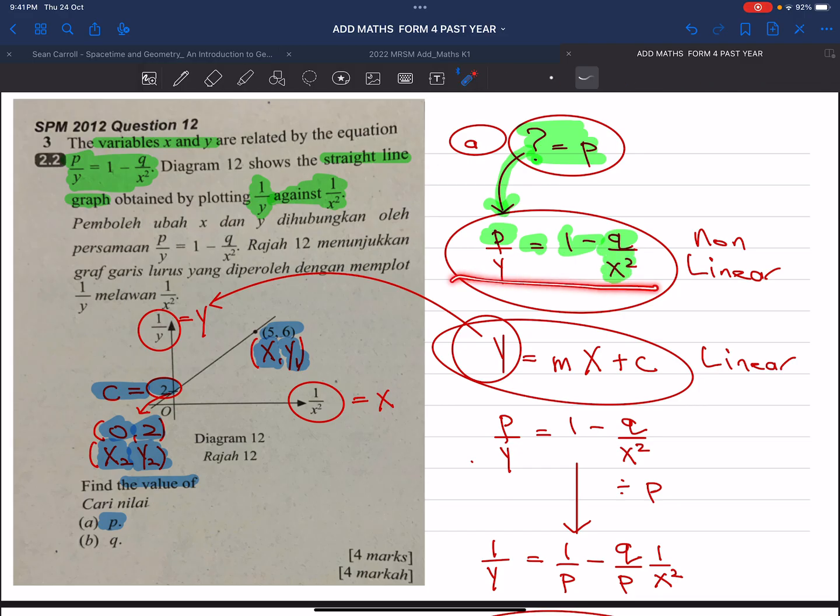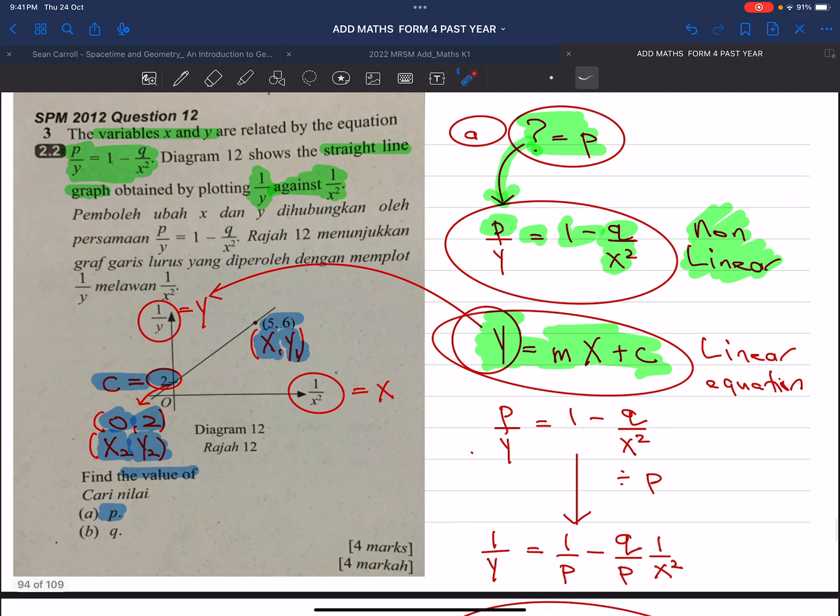This equation is non-linear because we have the x squared. A non-linear equation, we must change it to a linear equation, which is capital Y equals m capital X plus C. So this is a linear equation.